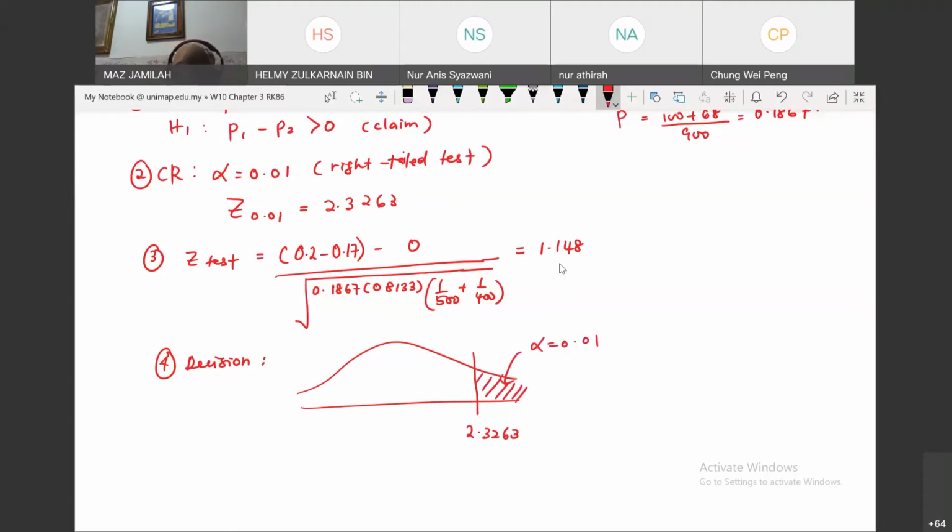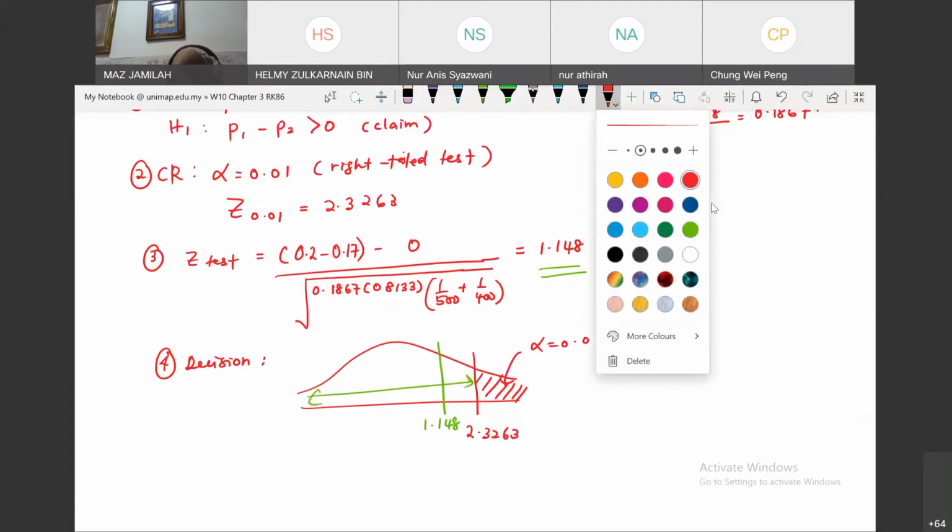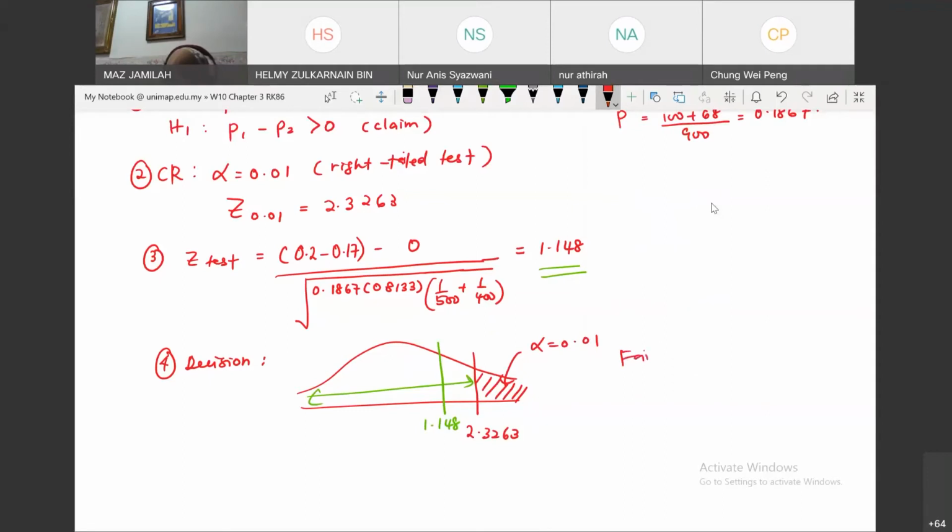Your Z test is 1.148, which is smaller than your critical value, so it falls in the non-rejection region. So we can say fail to reject the null hypothesis.